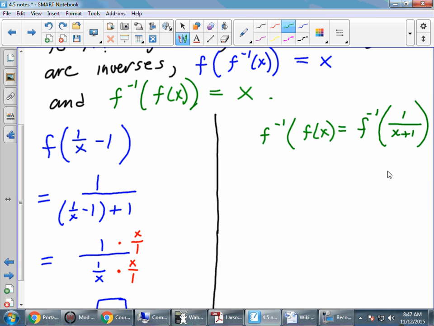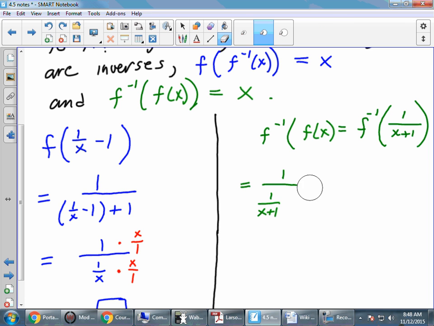So now we have equals 1 over, well, what's x now? 1 over x plus 1. Okay. Oh, I lost one. I did that bad. It's 1 over x and then minus 1 equals, help me out.